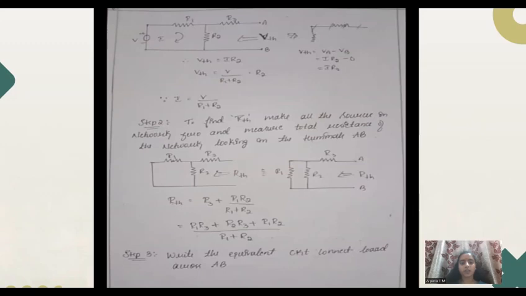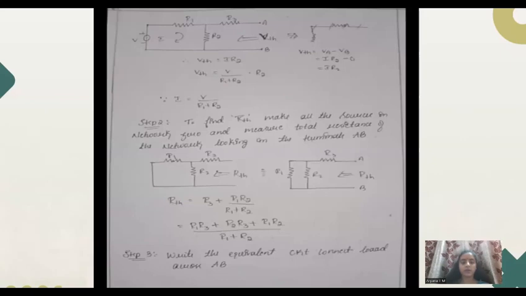VA we already got as IR2 by applying Ohm's law, V is equal to IR. So VTH is equal to IR2, and we already know that I is equal to V by R1 plus R2. The final equation we got is VTH is equal to V into R2 divided by R1 plus R2.